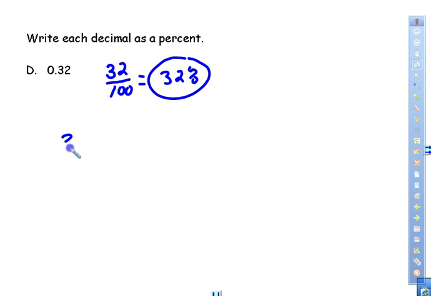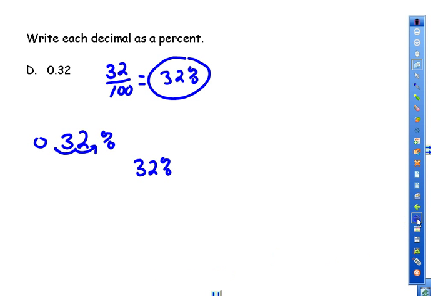Or you can simply take my 32 hundredths, and since we're adding a percent sign, we move it to the right towards that percent sign, and we get 32%. Again, have to move it 2 times. Let's look at our next problem. Go ahead and hit pause and solve this.